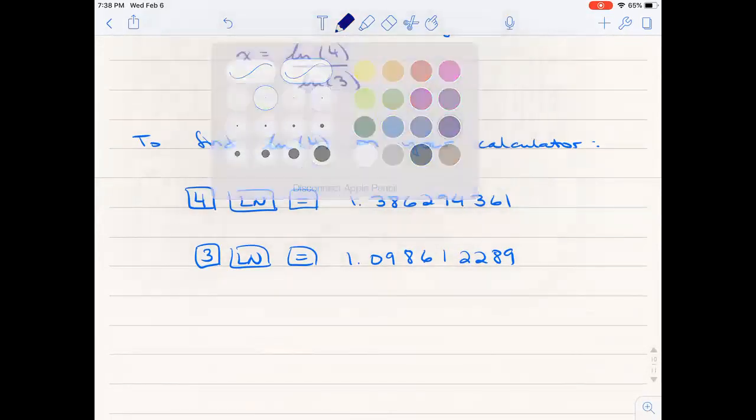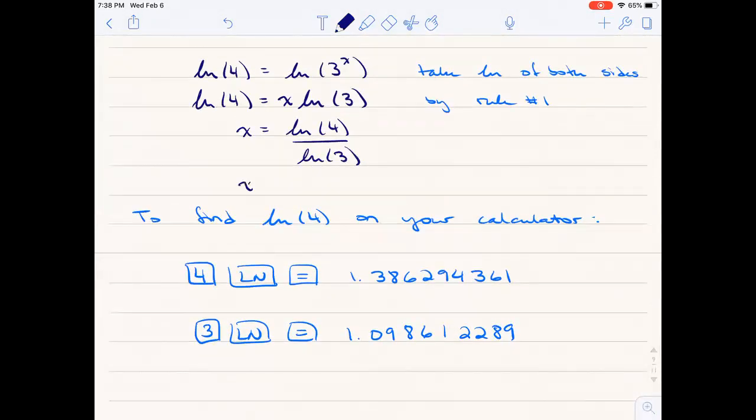But up here, what I'm going to have is x is going to be 1.261859507. Is that what you guys are getting? Maybe? Yeah.